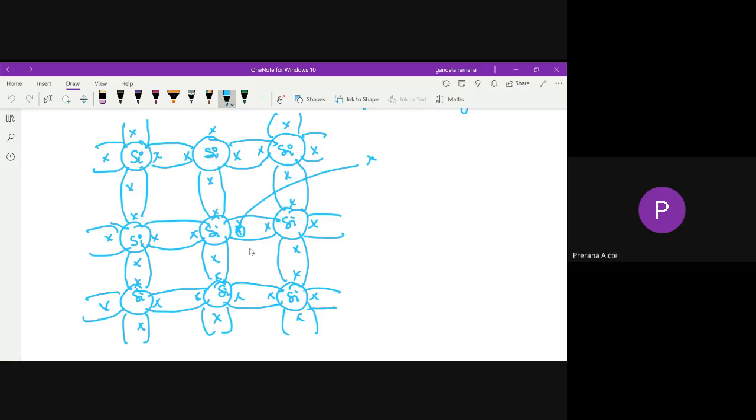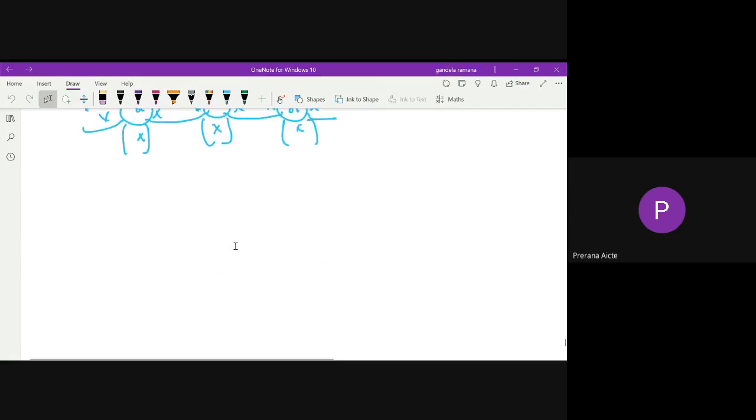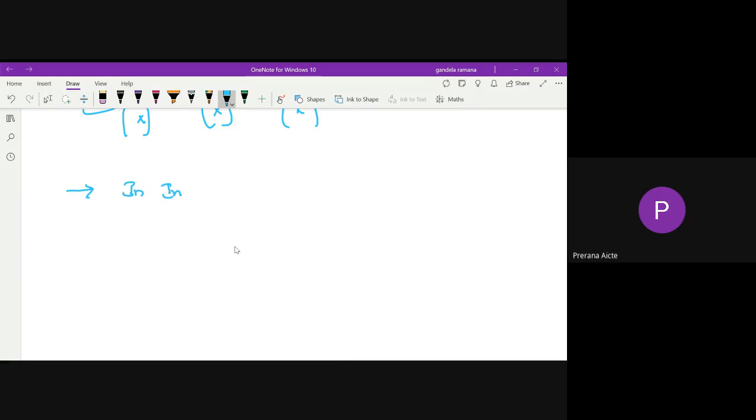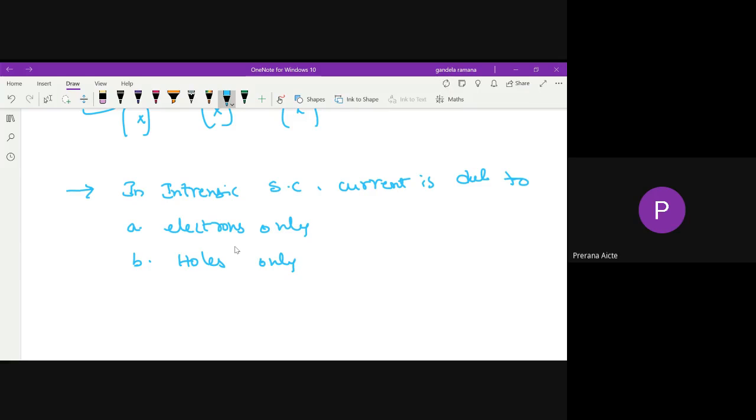So in intrinsic semiconductor, here the question is: in intrinsic semiconductor, current is due to A, electrons only, B, holes only, C, both electrons and holes, D, 0.